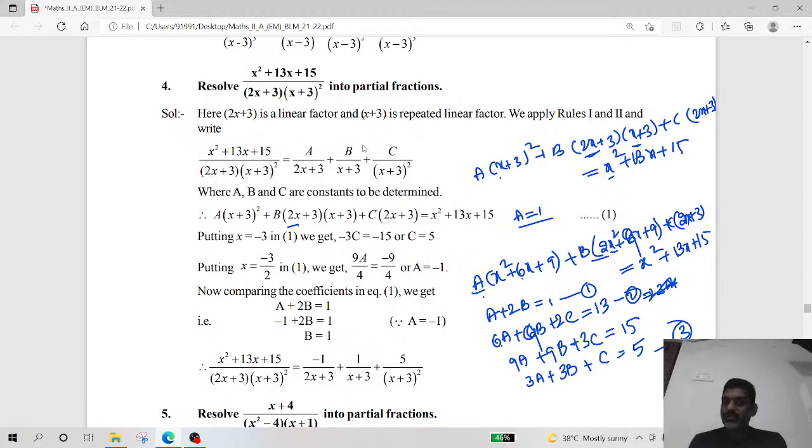So either solve these 3 equations, or take x equal to 1, 2, or minus 1, any one value of x, so that we get at least the value of a. Based on the a value, from the first equation we get b, then if we substitute a and b into the second or third equation, we get c.